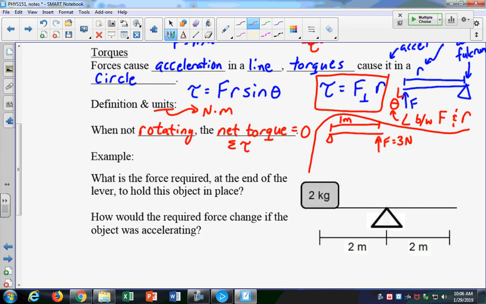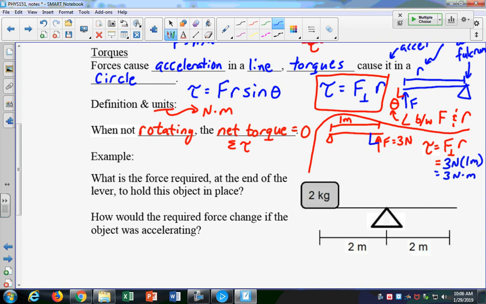To figure out the torque, the torque is equal to F perpendicular times R. Notice that my force is perpendicular, so it's 3 newtons times 1 meter, or 3 newton meters. All right?